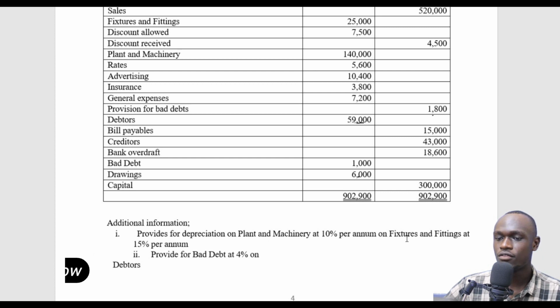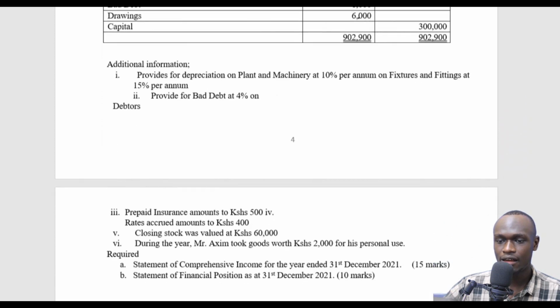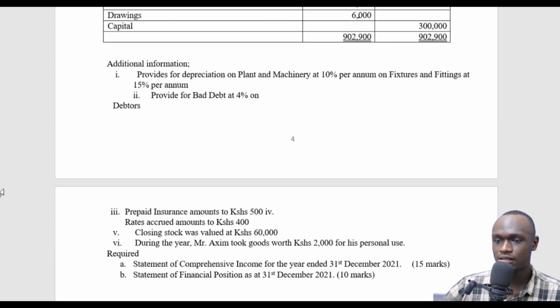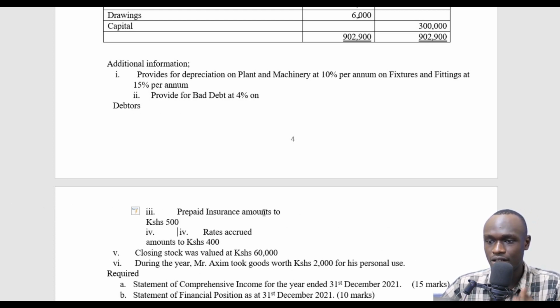Then provide for bad debts at 4% on debtors. Then prepaid insurance amounts to 500 shillings. Then rates accrued amounts to 400 shillings. Closing stock was valued at 60,000 shillings. During the year, Mr. Axim took goods worth 2,000 shillings for his personal use.